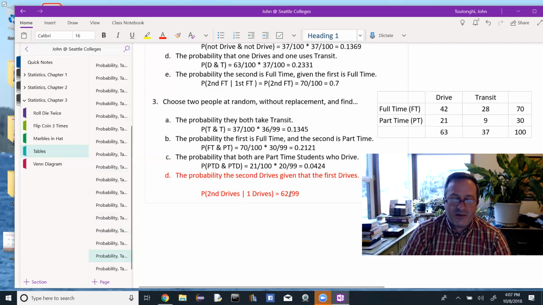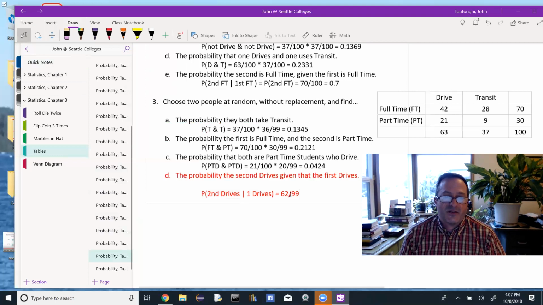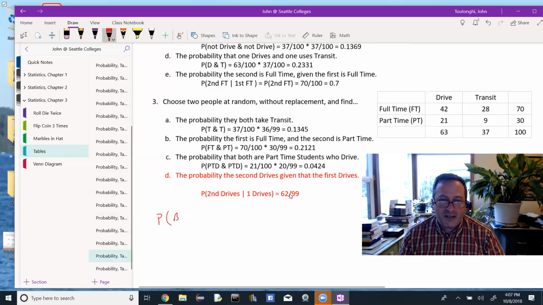And then, where is that coming from? Why don't I have to use the formula? Well, I can use the formula. The probability of B given A is the probability of A intersect B divided by the probability of A. A intersect B means that both have happened.